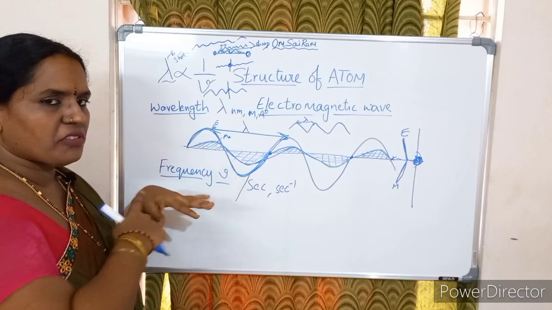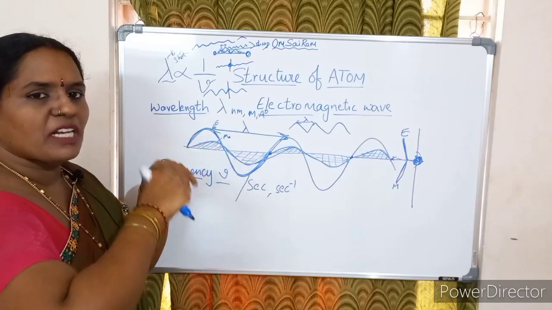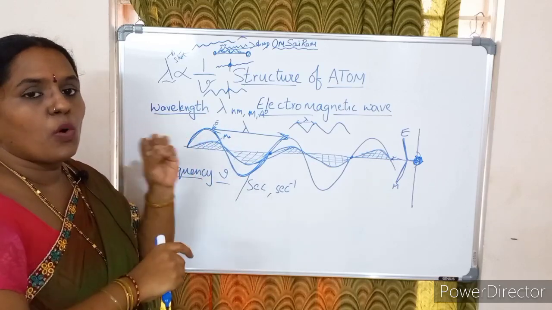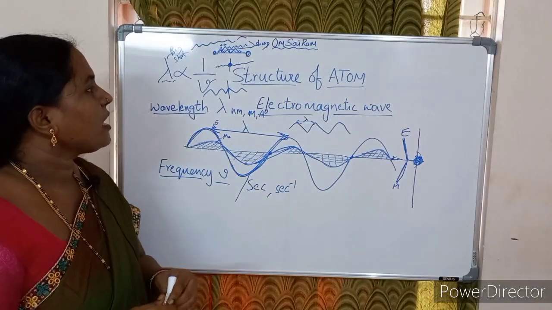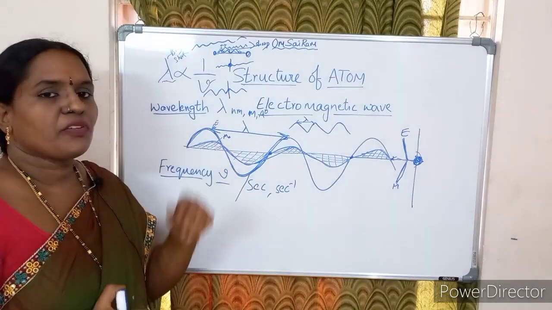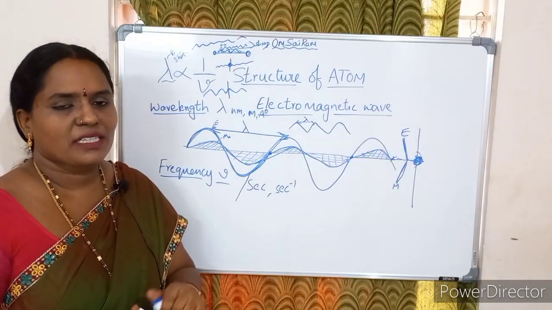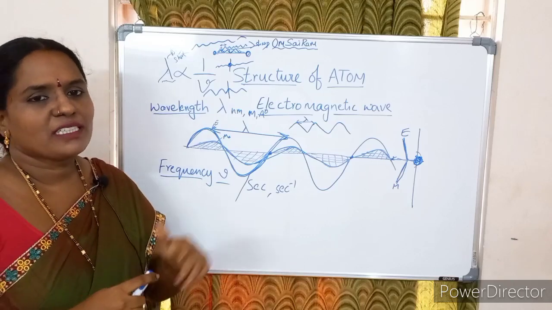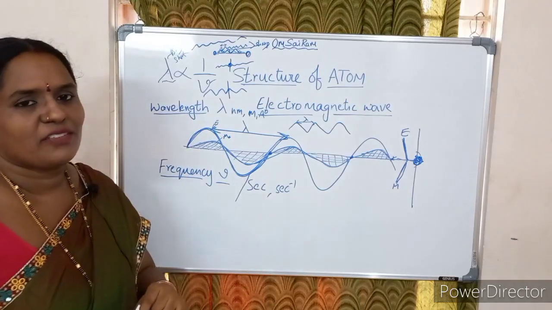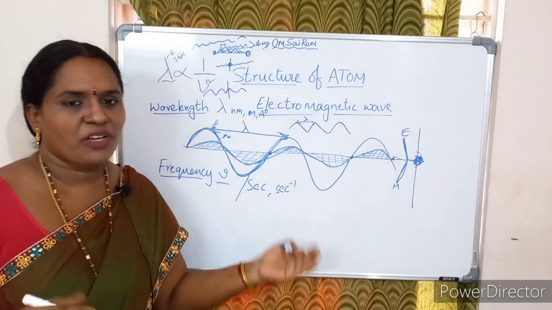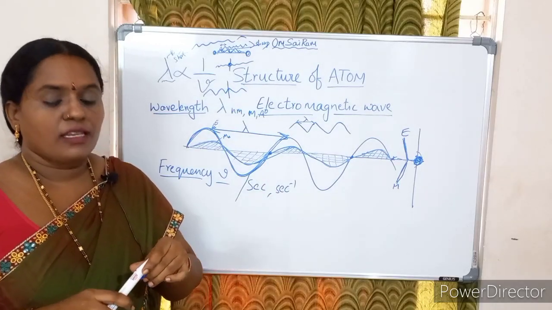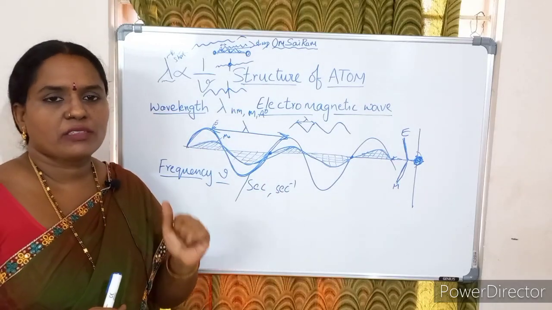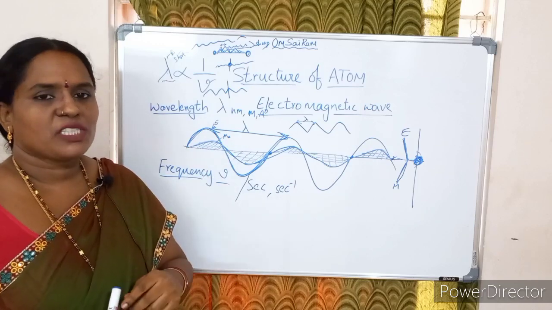High frequency means the number of waves passing through a particular point in 1 second is very high. Gamma rays are powerful radiations, whereas radio waves are less powerful with more wavelength. Waves with more wavelength are less powerful. Waves with less wavelength are sharper.